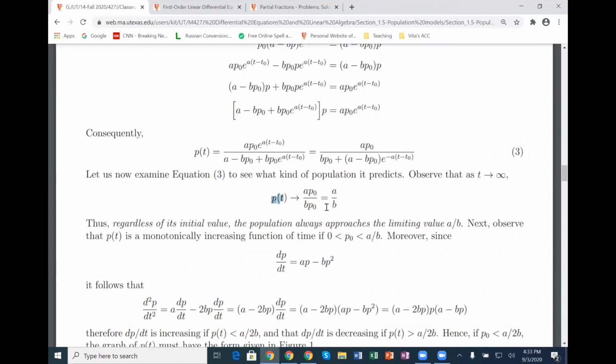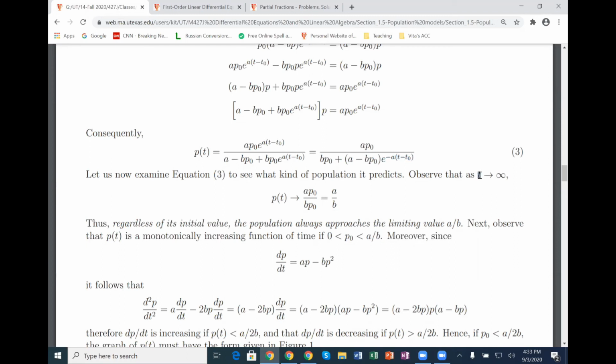Next observation. If p0 is between 0 and a over b, p of t is a monotonically increasing function. Here is why. If p is between 0 and a over b, this term is positive, but note that the bigger t, the smaller is this e term.